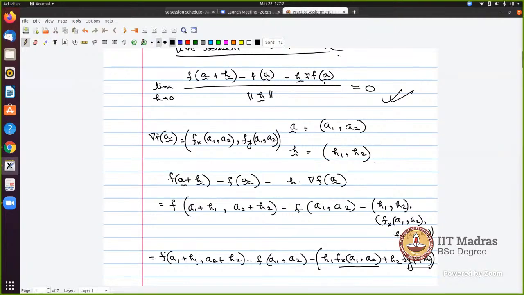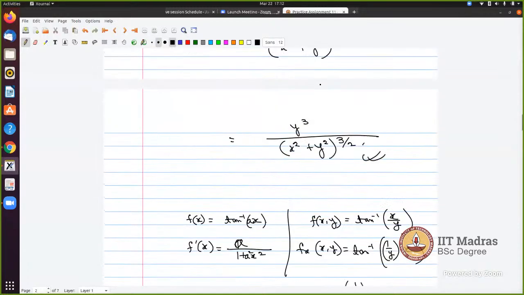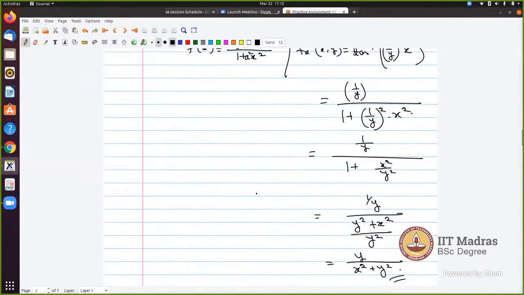The derivative is the limit of f(a+h) minus f(a) divided by h. This is defined as f'(a). When this limit exists, we say that it is differentiable, and whatever the value of this limit is, that is your derivative at that point.